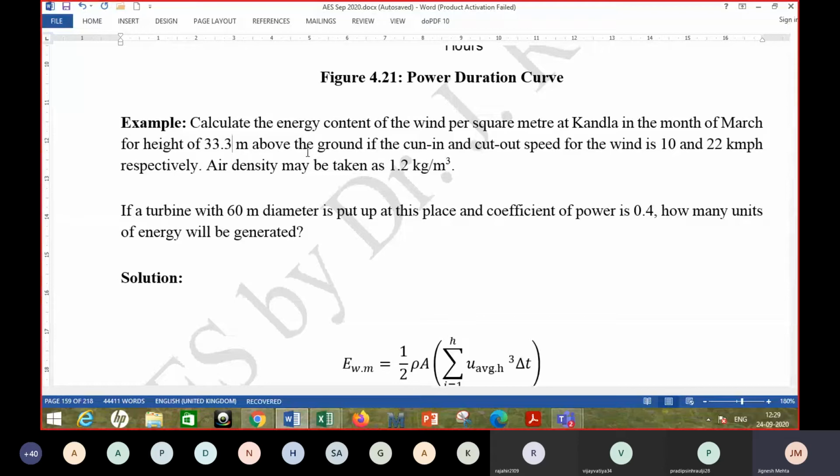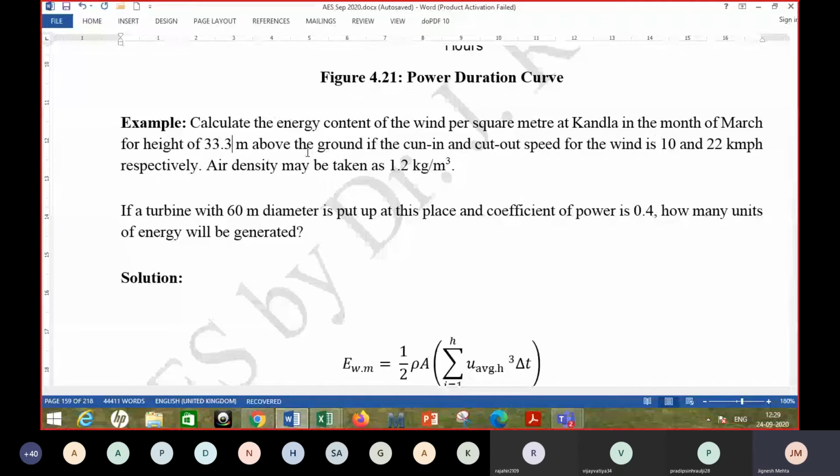So if, let's say, March's first value is 3.1, it means 3.1 percentage of how many hours are there in March? It is 744. So 3.1 percentage multiplied by 744 will give you the number of hours for which the wind velocity was almost 0. Then the next value is 0 to 2.